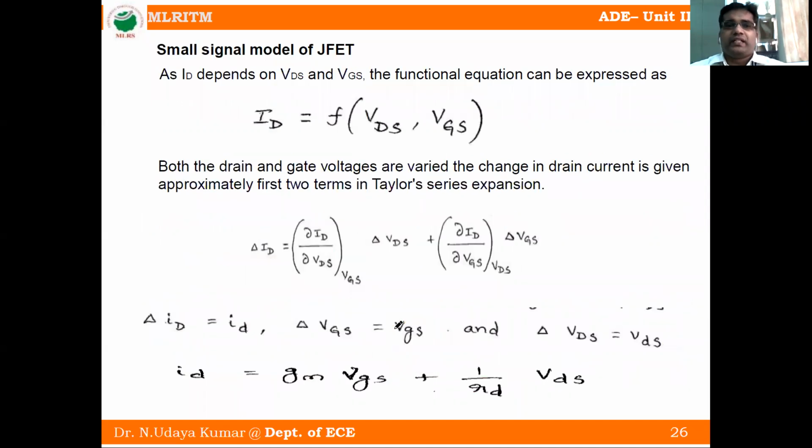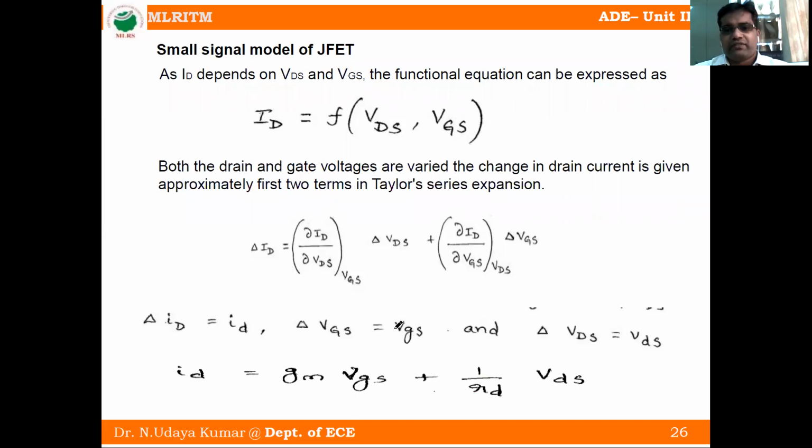Now we will see the small signal analysis of JFET. In small signal analysis, we have three parameters: drain current, drain source voltage, and gate source voltage. That is ID, VDS, and VGS.